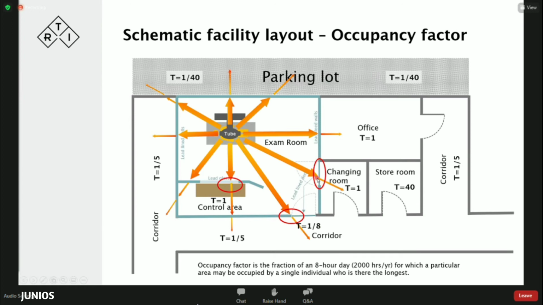So it is important to measure if there is any leakage or scatter radiation in these areas. That's the next part that we're going to discuss, measuring leakage and scatter. We're going to start with measuring the leakage.